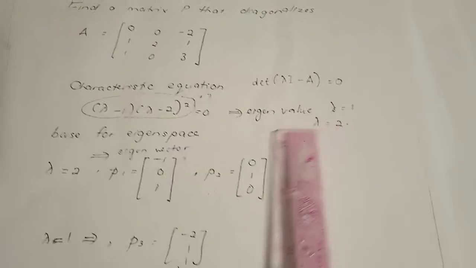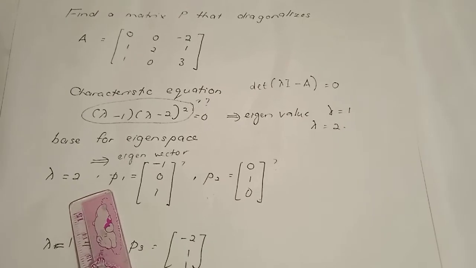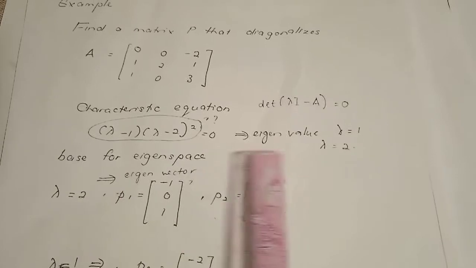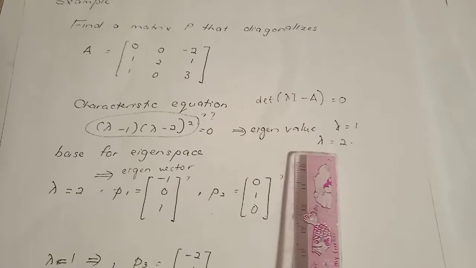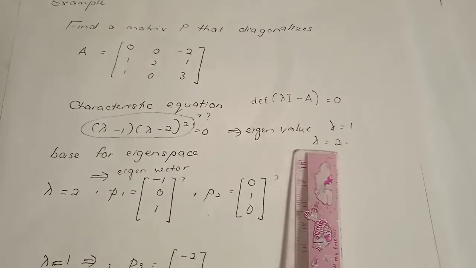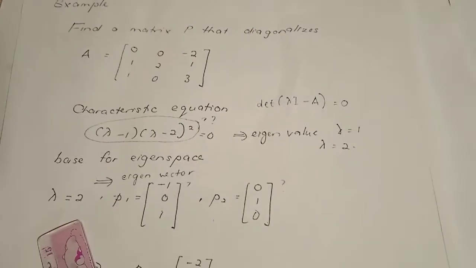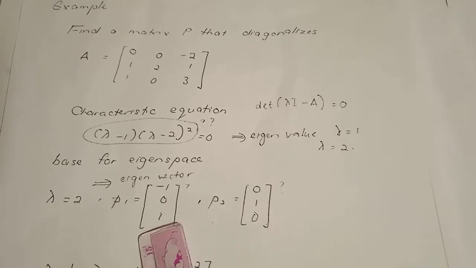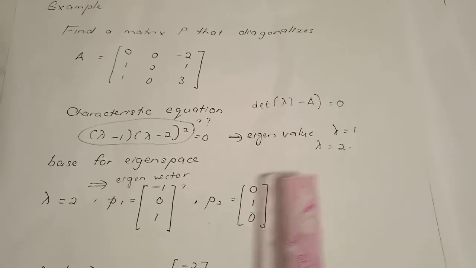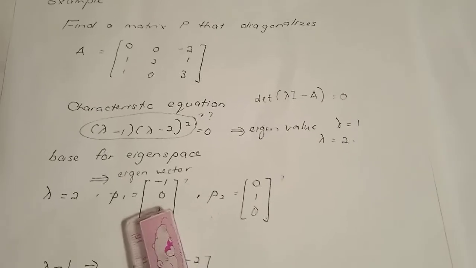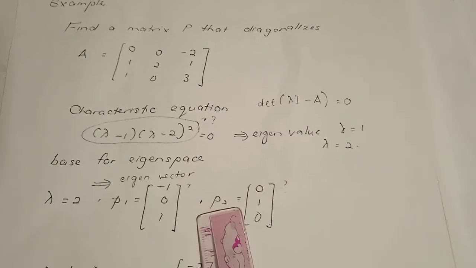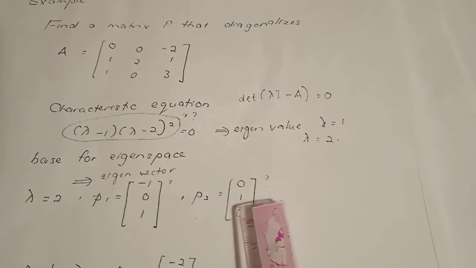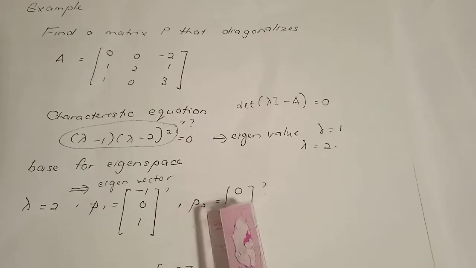And then for lambda equal 2, remember our earlier notes: each lambda will give you a corresponding eigenvector. For lambda equal 2, we'll get these two eigenvectors. I want you to do this as an exercise. Remember our notes earlier on finding a basis for the eigenspace.